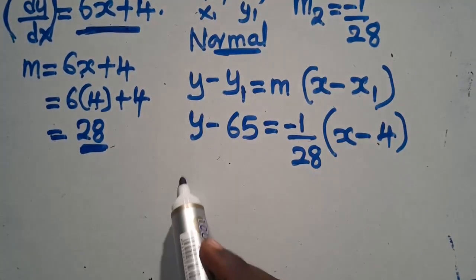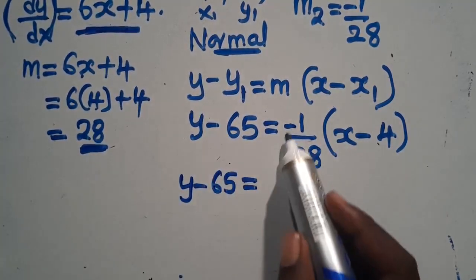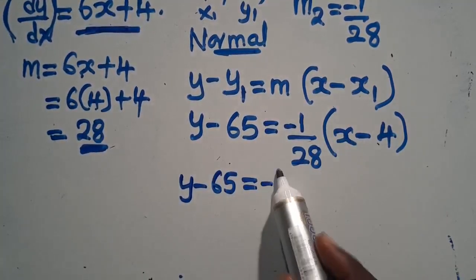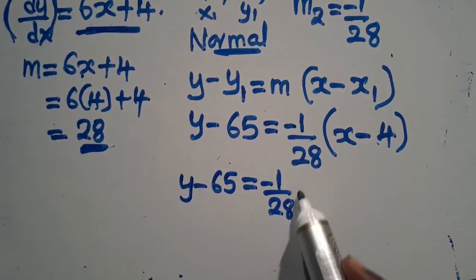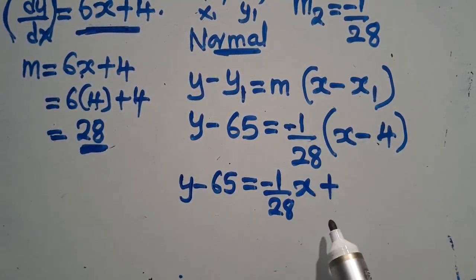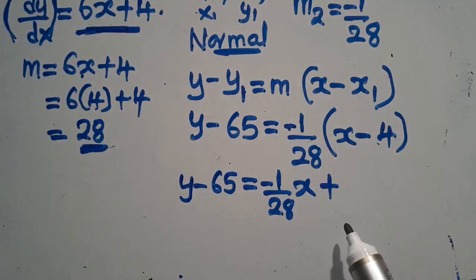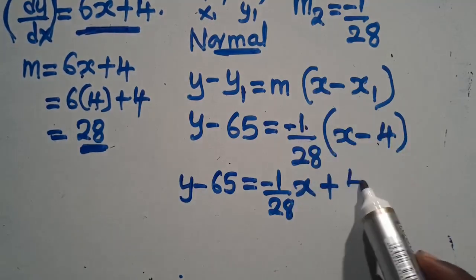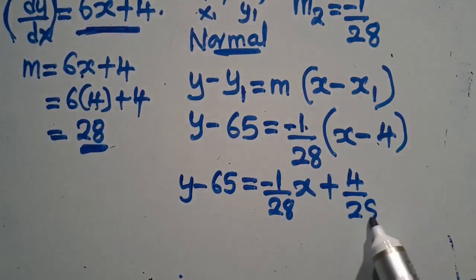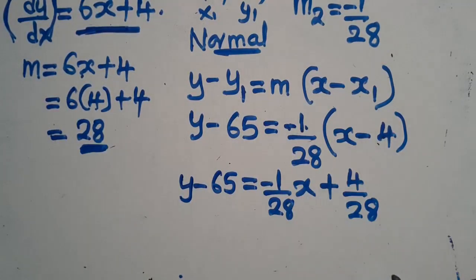Then you say y minus 65 is equal to negative 1 over 28 times x. Negative times negative, that is positive. Then you have 1 times 4, that is 4 over 28. Denominator maintains.